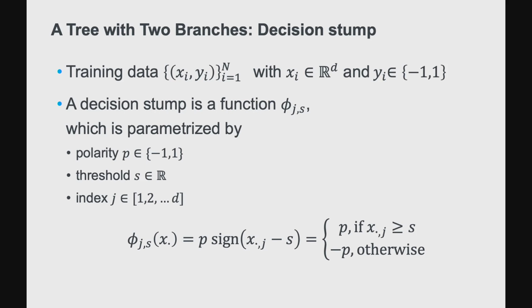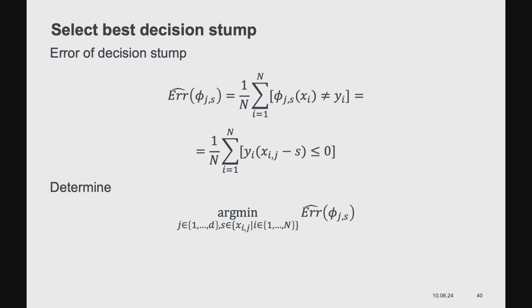So polarity times the sign function of simply the value in the jth component, so the jth attribute of your object x, minus the threshold for this particular stump. And that, of course, means that it's p if the value is larger than the threshold, and it's minus p otherwise, because the sign function will turn around the minus, we'll take it times -1.